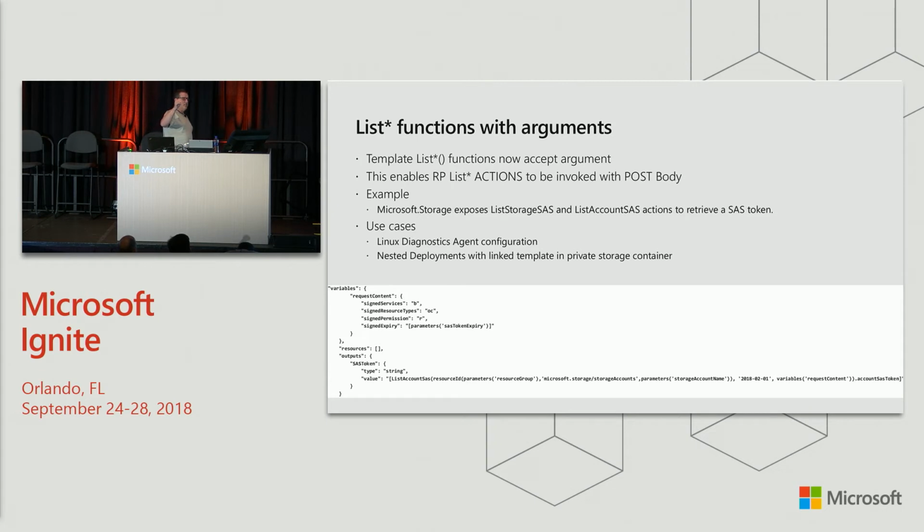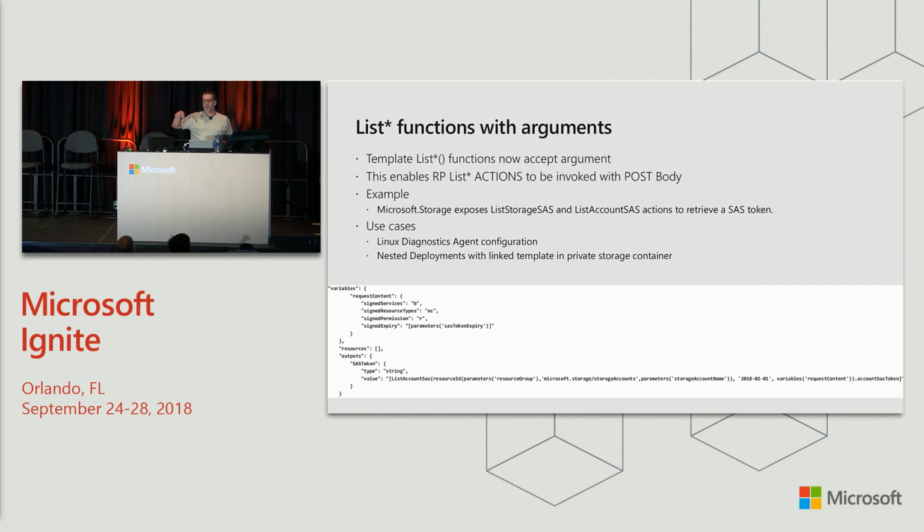But it turns out that storage and other RPs have functions that require arguments to return data. And in particular, storage has a couple of list functions, one called list account SAS and one called list storage SAS. And those things will give you a SAS key, a SAS token. But you couldn't call them from within a template.